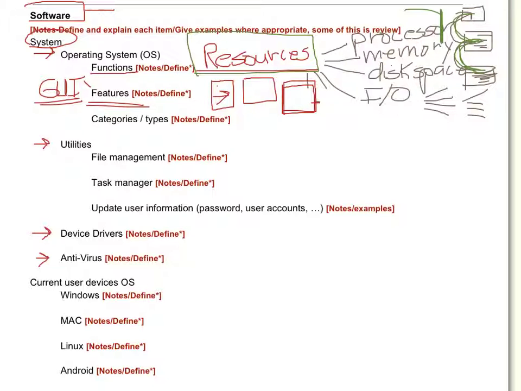Now, the categories of an operating system. We have this idea of real-time operating systems to control machinery, like in manufacturing, assembly lines, all different features in an automobile.